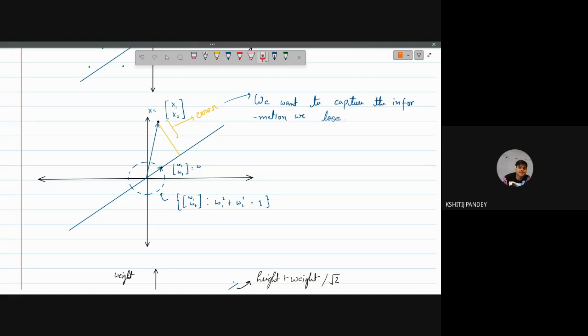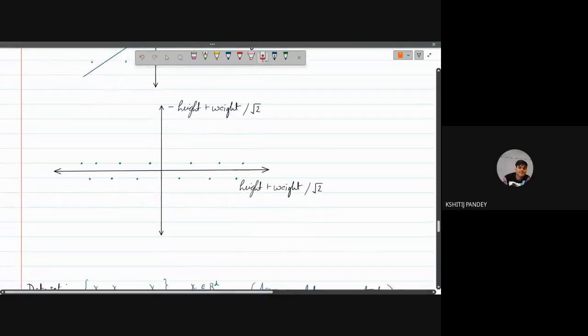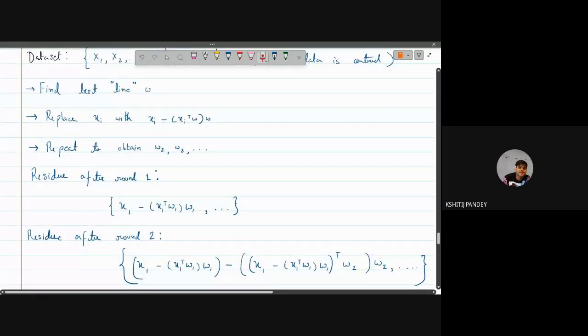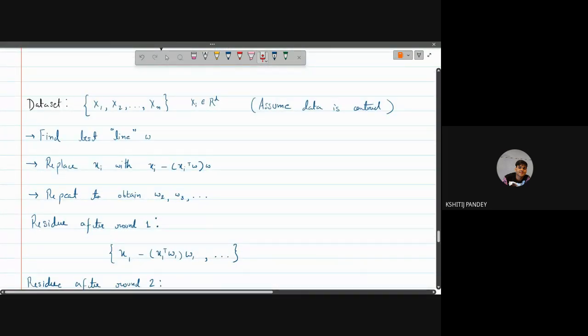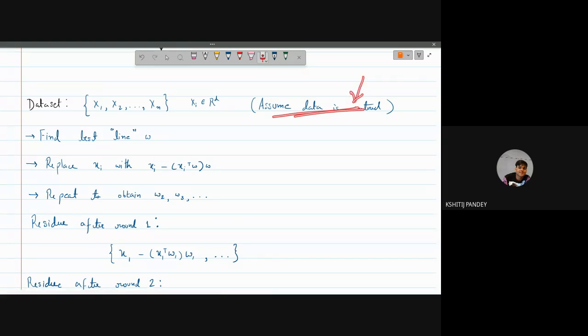Okay, so now let's look at what we are doing. We have a data set, and we assume it is centered; I'll come to what centering is and why it is required later.